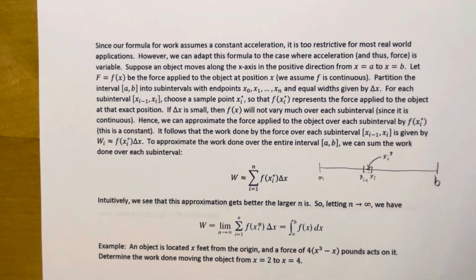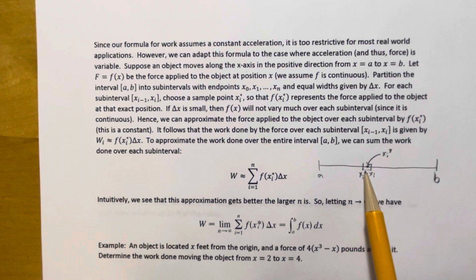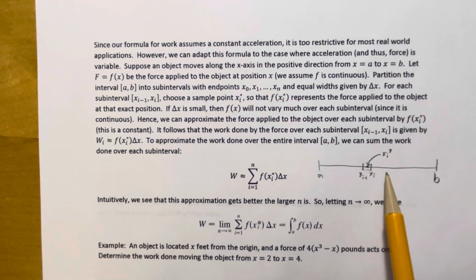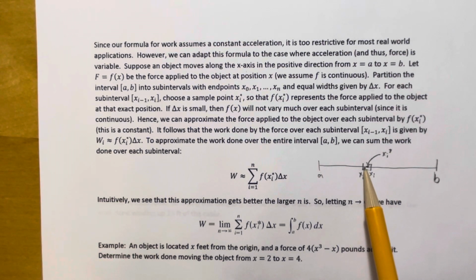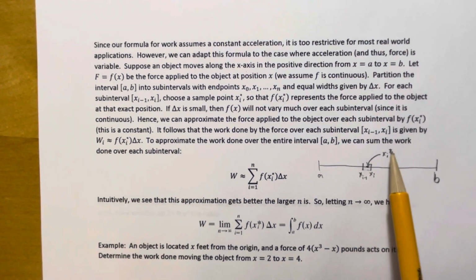The reason that's important is because if all of the positions in this tiny little subinterval give me pretty similar forces when I plug them into that function, then I can just approximate the force throughout this little subinterval by f of x_i star. Because the actual force being applied at other points within that subinterval should not be very different from that, given how small we chose that subinterval, okay?